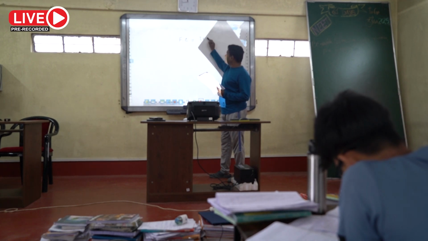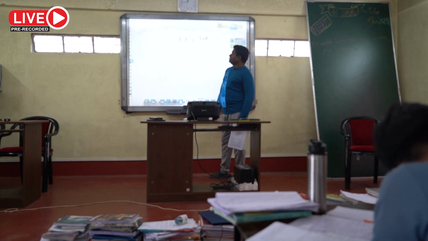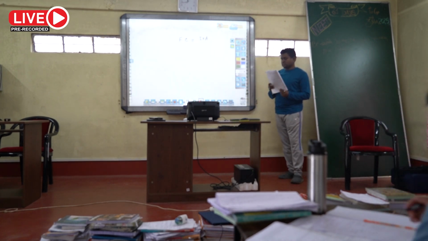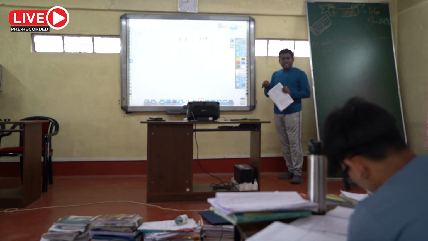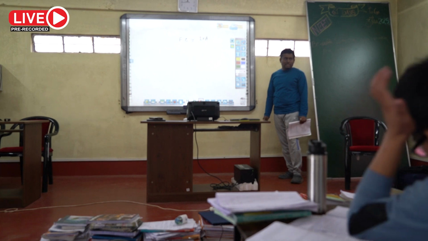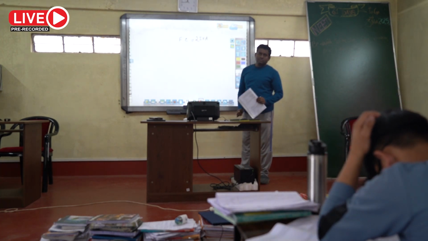Area means A. But light is striking and then going back, means there is a total change in momentum, due to that force generates. So it will be 2 times.